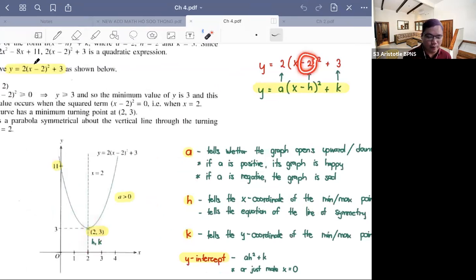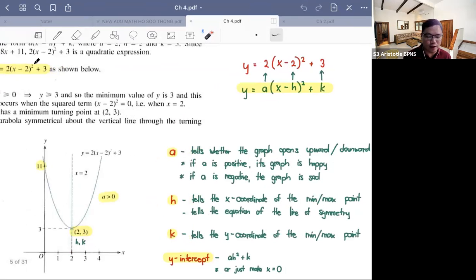Okay, and what else? So the H also tells us the equation of the line of symmetry. So this is the line of symmetry, class. Okay, all right. So that's the use of H here. So knowing this gives you the x-coordinate of the minimum point or the maximum point, and then it also tells you the equation of the line of symmetry. For example, if this turns out to be 4, this is now 4 and 3, and then your x is equal to 4. Okay, so you follow this.